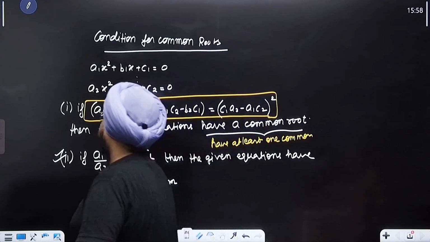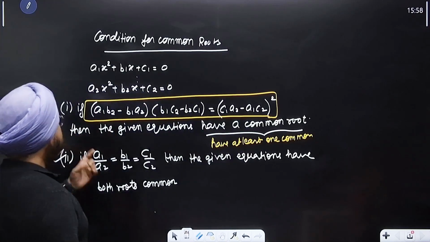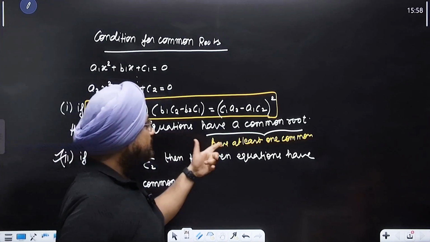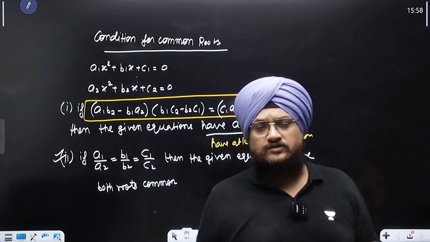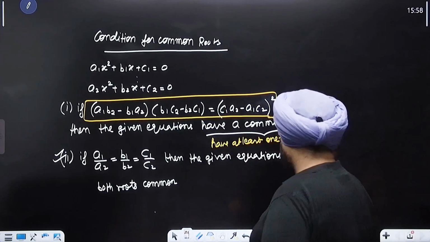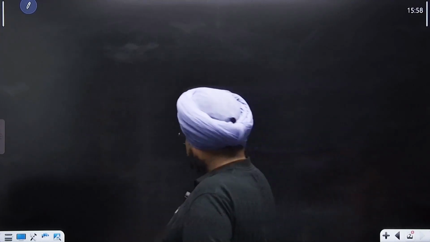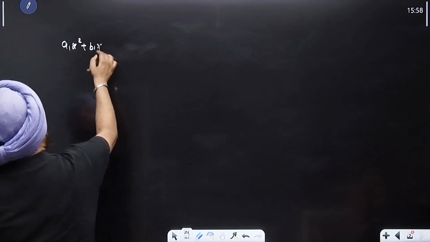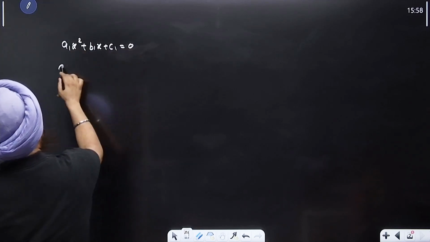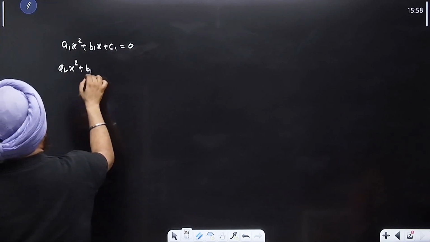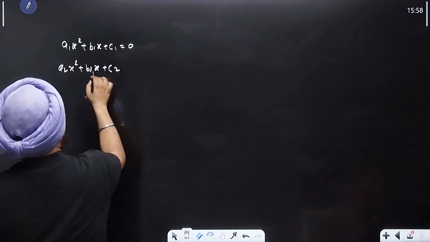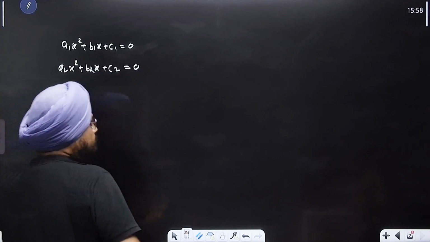Now for the first condition, if the equations have at least one common root, either one root is common or two roots are common, I am writing down the equations again. a1 x square plus b1 x plus c1 equal to 0.